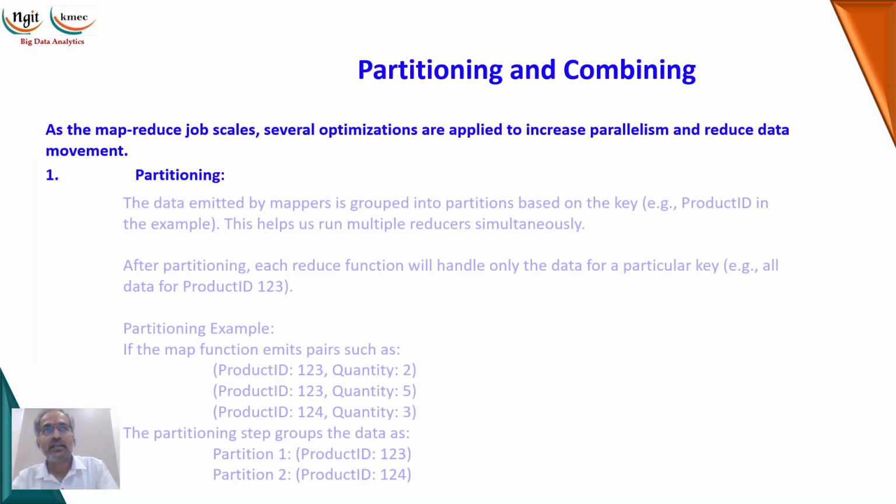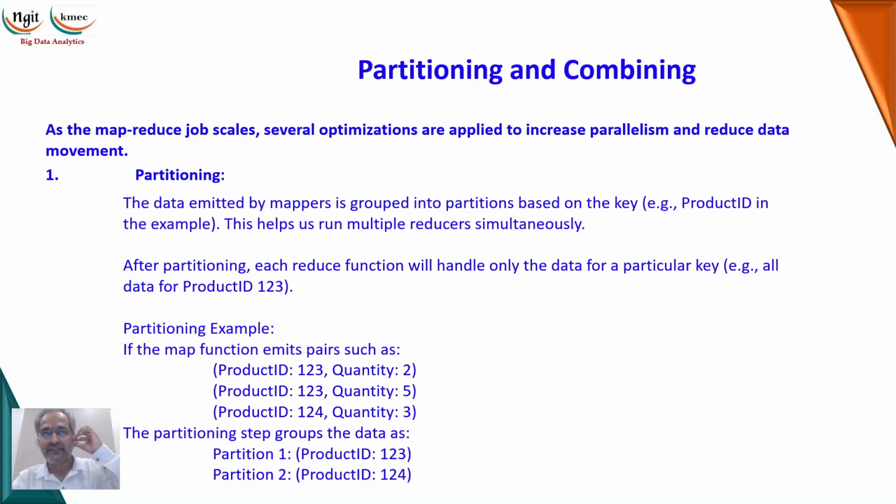Here you can see a partitioning example. Let us say the map function emits product ID 123, quantity 2; product ID 123, quantity 5; and 124, quantity 3.